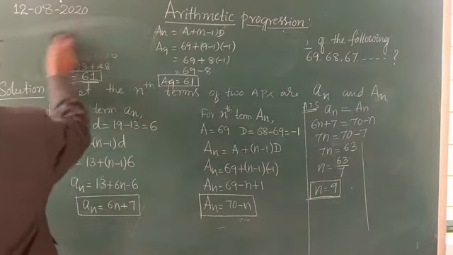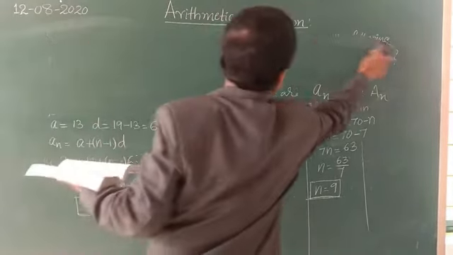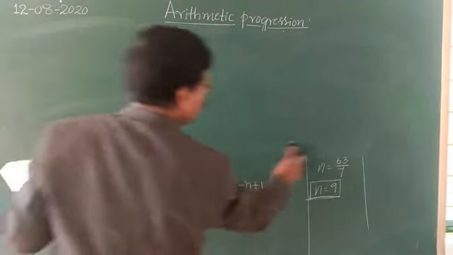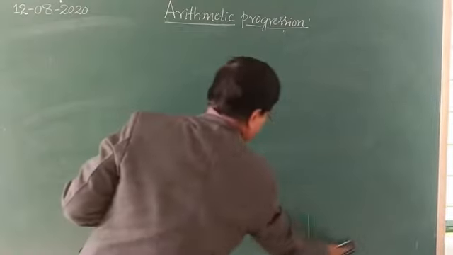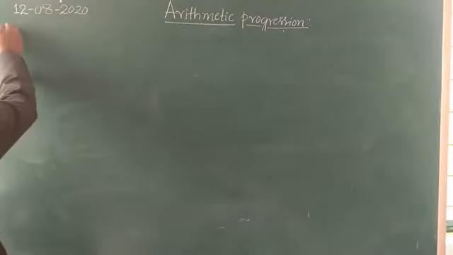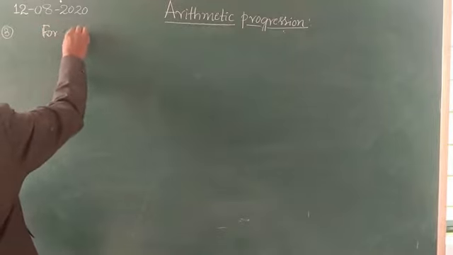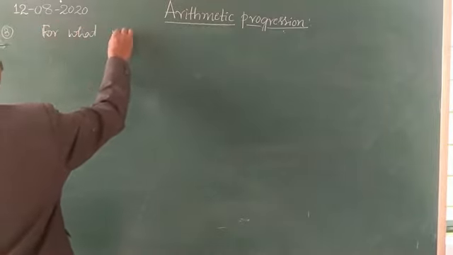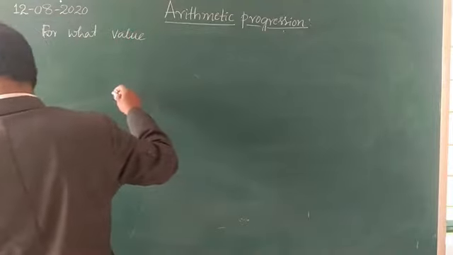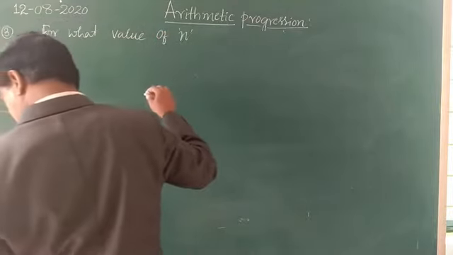So I am writing, just to understand, I am moving on. Third one: for what value of n?